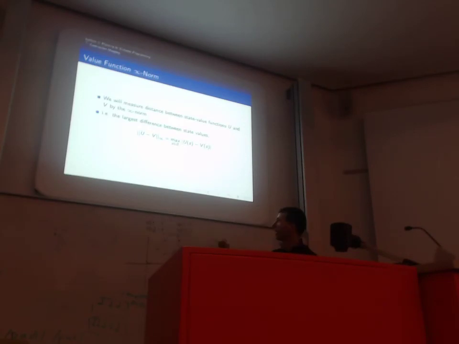So all we're looking at is the maximum difference at any state. In this case, it's 3. That's the distance function we're using: we're measuring the distance between value functions by this number. We're showing that it gets smaller and smaller until, when this converges, it has to be 0. They have to be the same.